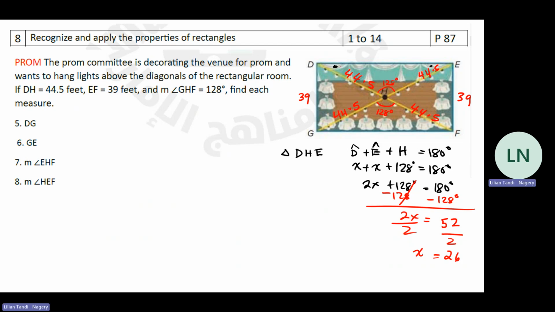So that means this is 26 degrees, this is 26 degrees, this is 26 degrees, this is 26 degrees.